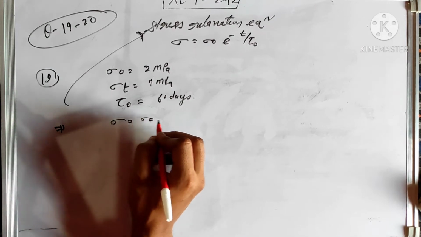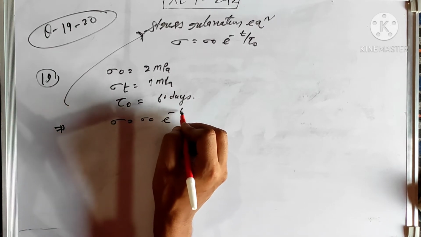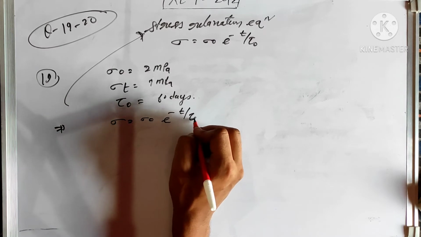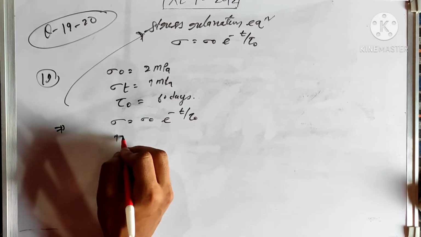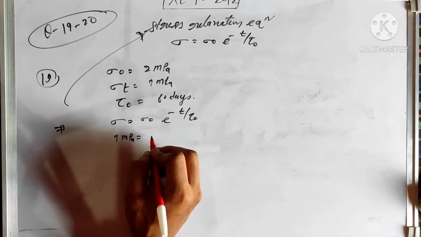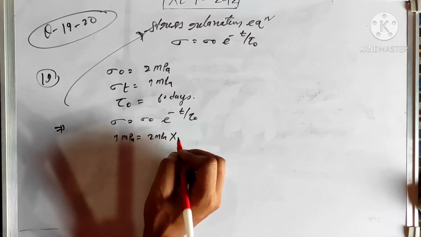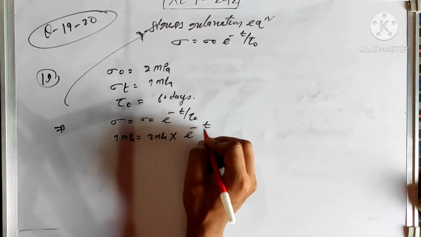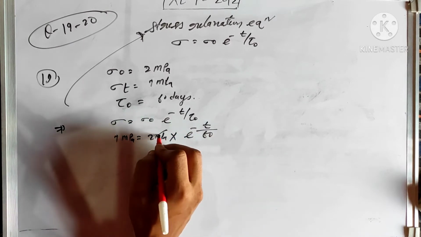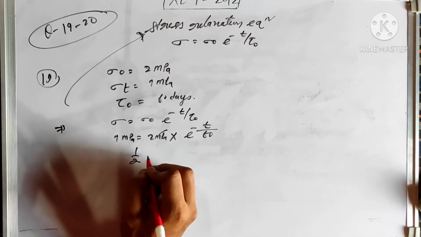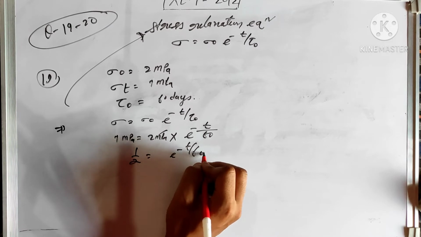Sigma is equal to sigma naught into e power minus t divided by tau naught, where sigma is given as 1 megapascal, which is equal to 2 megapascal into e power minus t divided by 60. Then 1 by 2 is equal to e power minus t divided by 60.